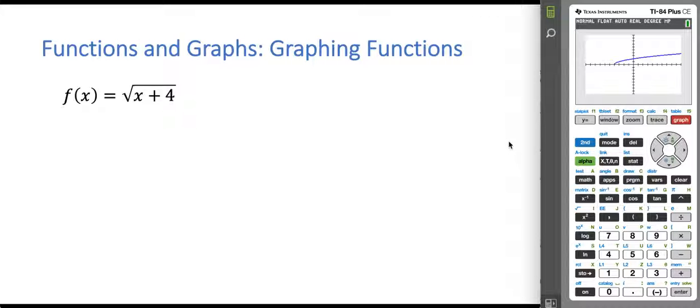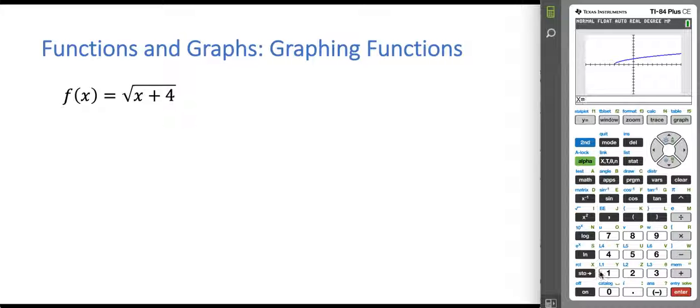Okay, I want to show you how to find a function value on the calculator. So if we want to find the value of the function using the calculator, you're going to use this calc menu. So press second and calc, and we're going to find a function value.